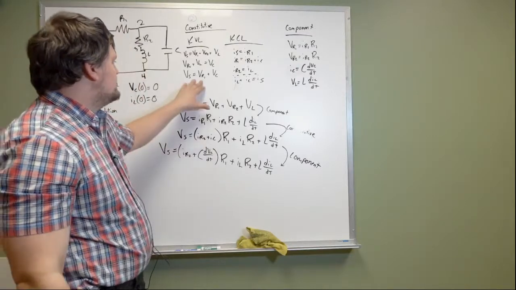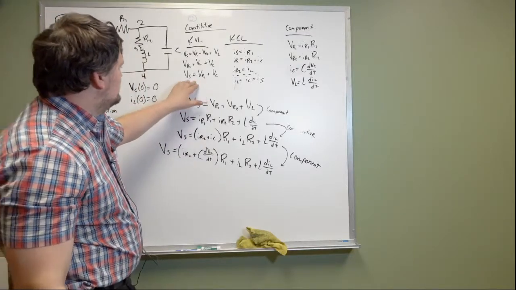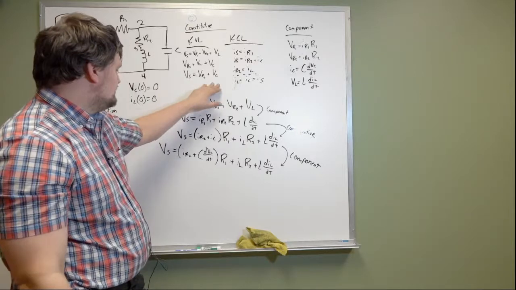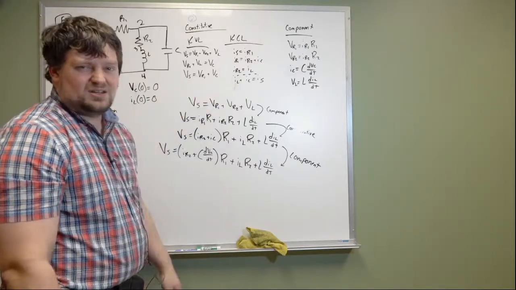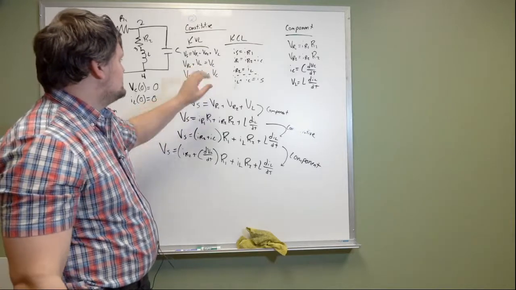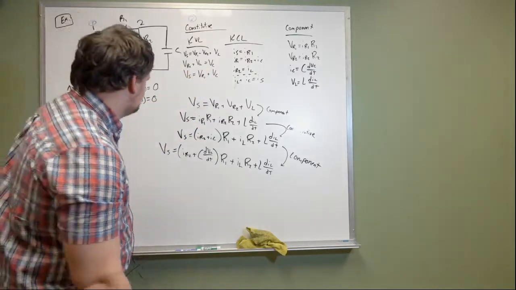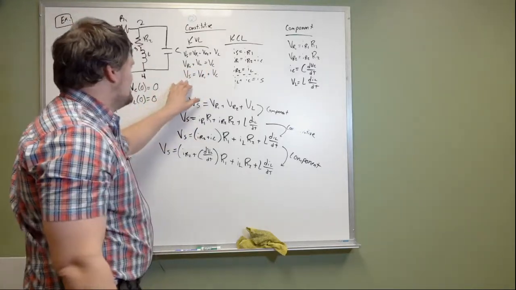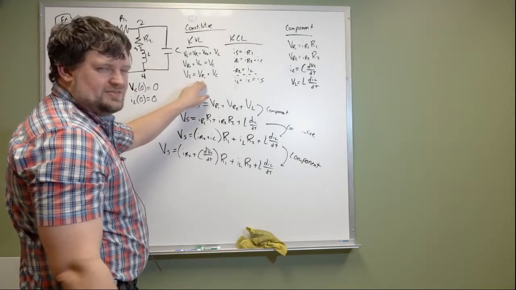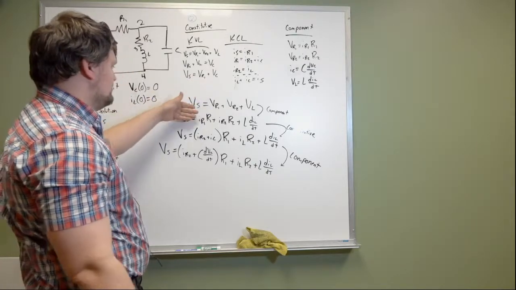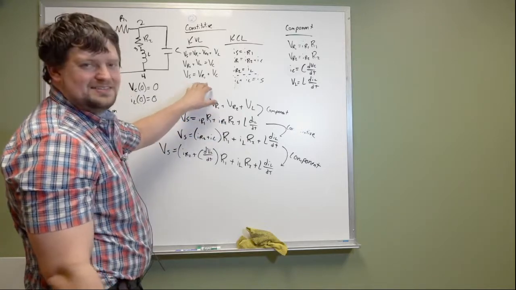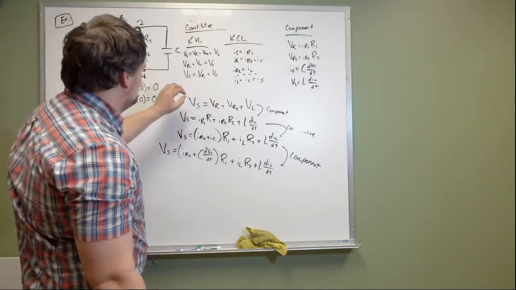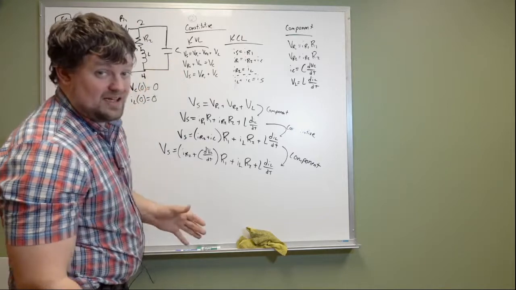Now that we have VC, we go up and look over here and we say, okay, well, here is one function that has VC in it. That one's not really going to help us that much. The one that is going to help us is actually the one in the middle. If you plug this one back in, it brings VR1 in here, and VR1 is what we're trying to get rid of. So that's why I don't want to go back to this equation. I will want to go into this one because it doesn't have VR1.